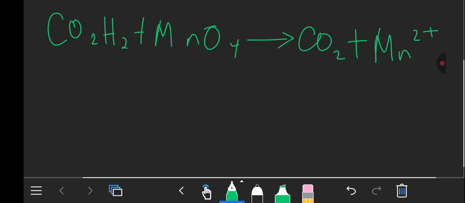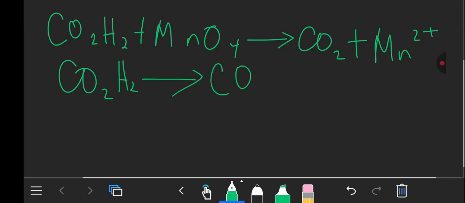So the first thing, you write it in half equations. So let's start with this same one, CO2 H2, is producing CO2, which is carbon dioxide.